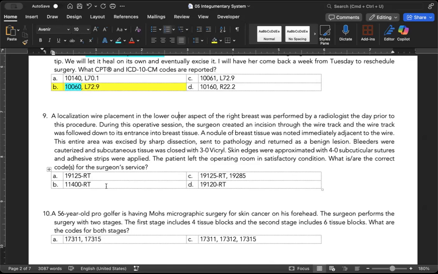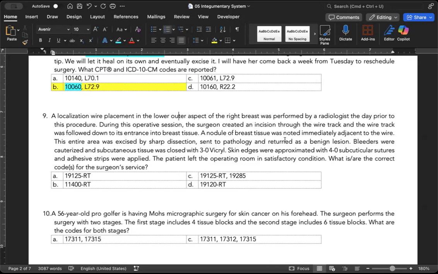So we have 2 that have 19125. So more than likely, that's going to be the code that we need. But let's just go look at the 19125 and see what it is. The 19125 is excision of breast lesion identified by preoperative placement of radiological marker, open, single lesion.